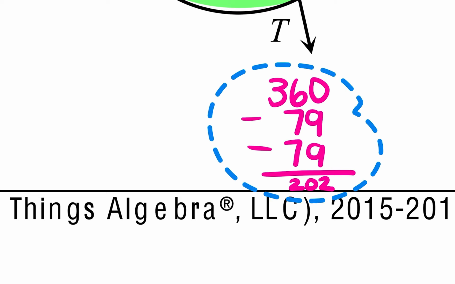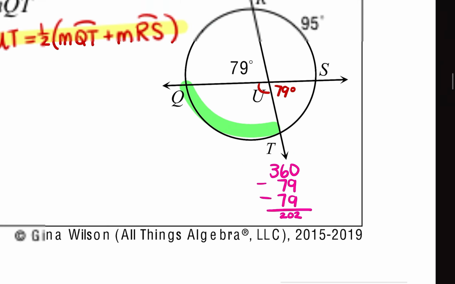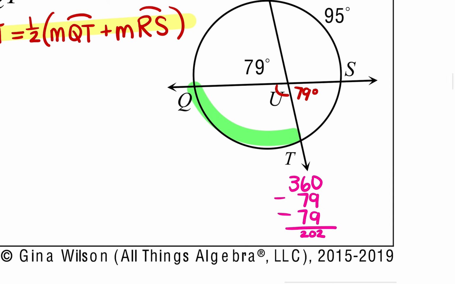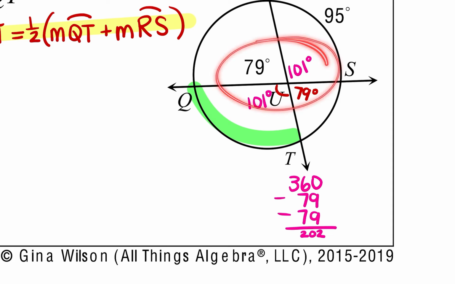Let me move that up. Okay? So with 202 degrees being left over in the circle, I know that this angle is 101 degrees as well as this angle is the other 101 degrees, totaling to 360.